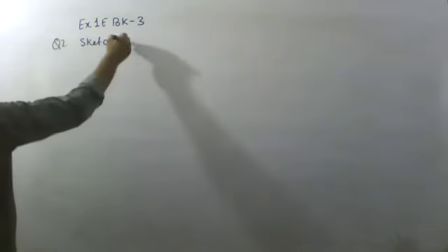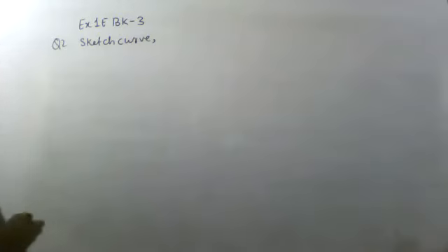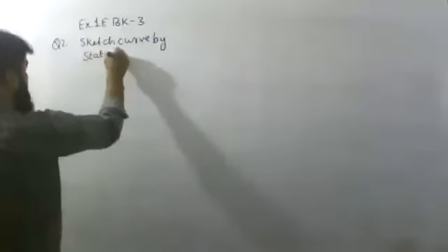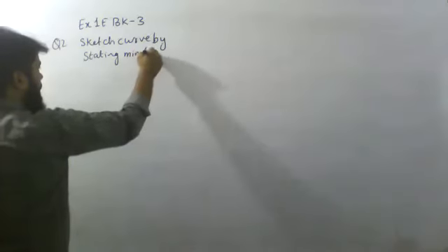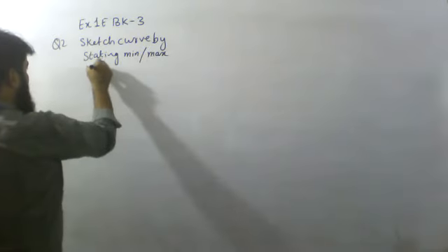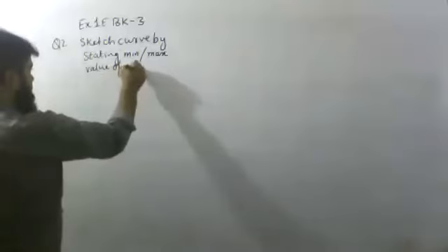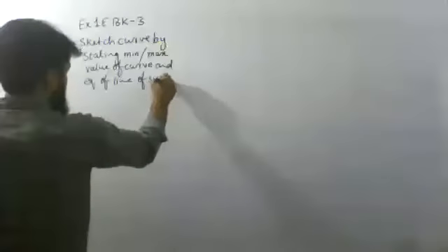Question number 2: sketch the curve by stating the minimum or maximum value of the curve, and the equation of the line of symmetry. Okay, this you have to find out.